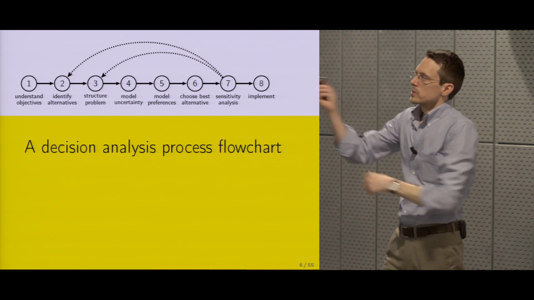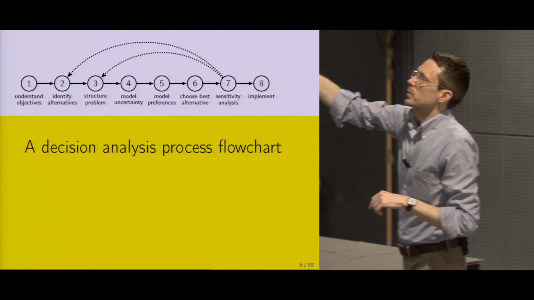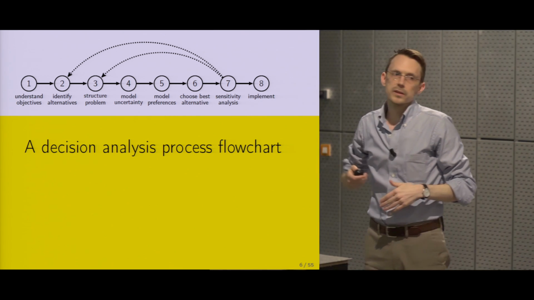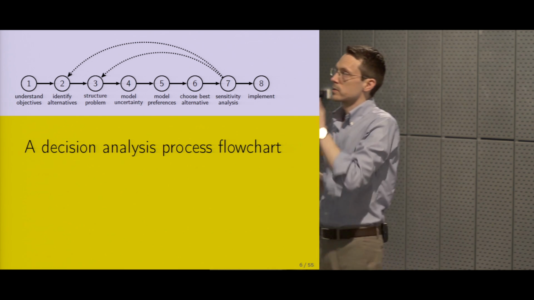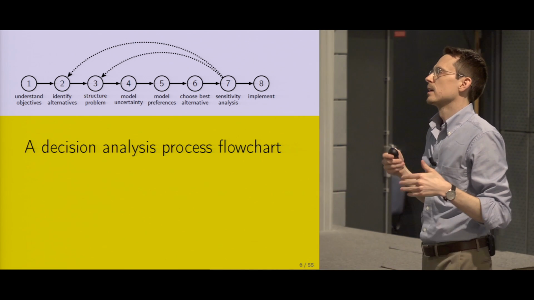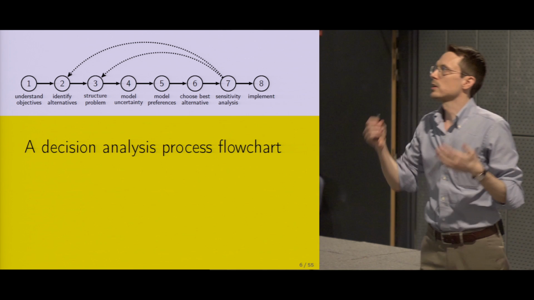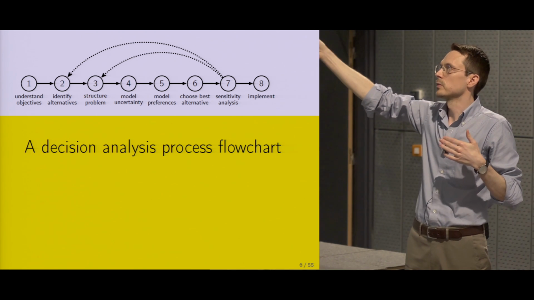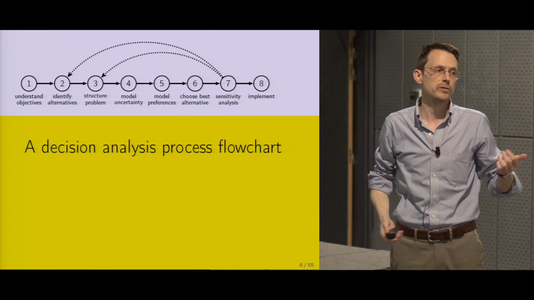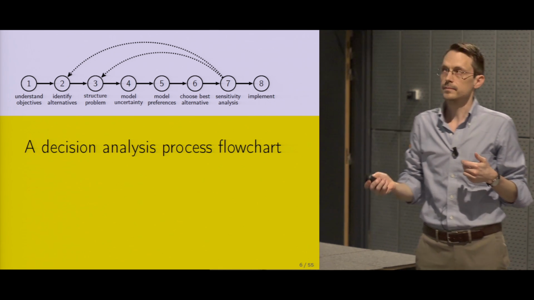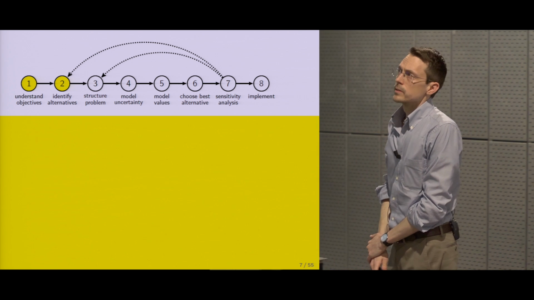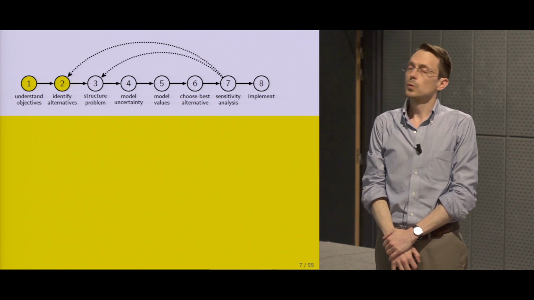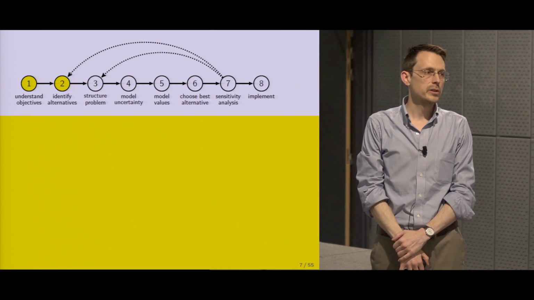So I'm going to start by stepping through each of these and just making sure that we're on the same page about the terminology, and in a few cases saying very briefly what textbook decision analysis does under those kind of steps, so that you can see what deviations from that there are in the other methods. So understand objectives is just about what is the decision problem, what are you trying to achieve.